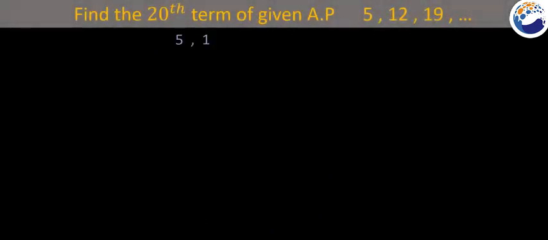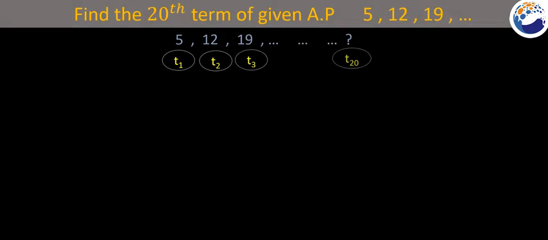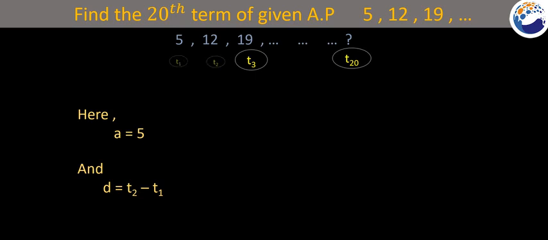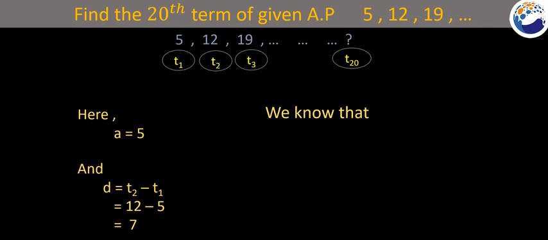Example: find the 20th term of the given AP 5, 12, 19. Here, a is equal to 5 and d is given by T2 minus T1. Therefore, d is equal to 12 minus 5, which is equal to 7. We are supposed to find T20. We know that Tn is equal to a plus (n minus 1)d.